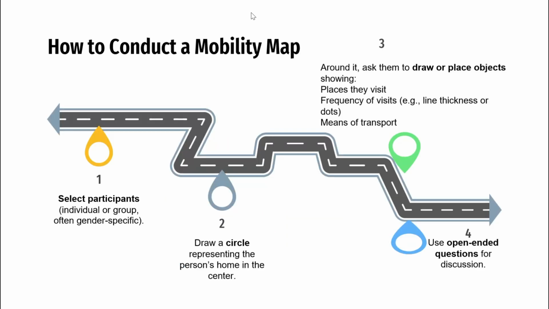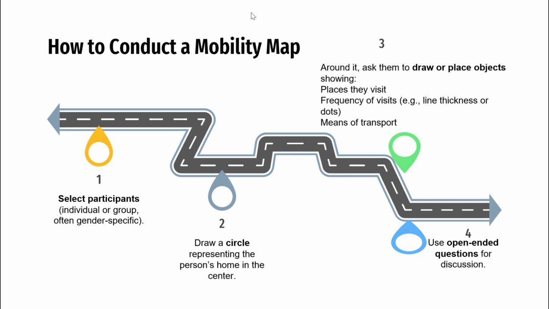So, how do you actually make a mobility map? It's pretty simple and even fun. You start by choosing someone to talk to, maybe a local woman, a student, or a farmer. They draw their home in the middle of the page, and then they draw all the places they go regularly, like the market, field, or school.